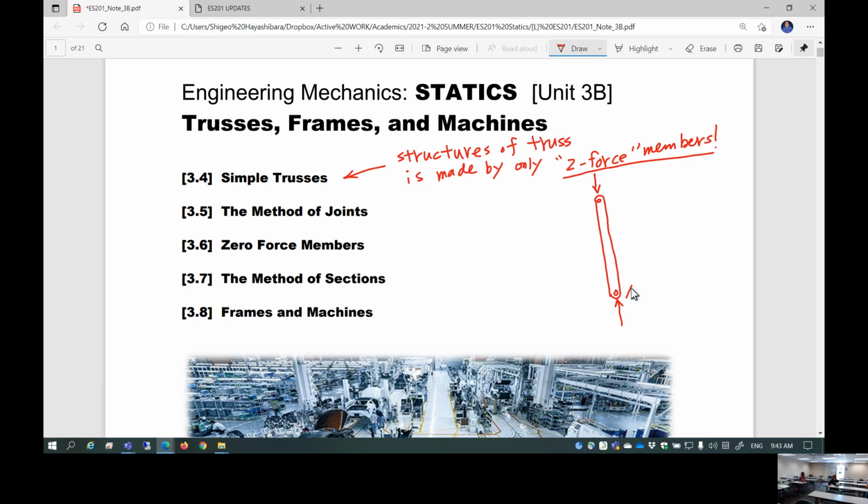Suppose this is a joint A, this is a joint B. Force of A is equal to negative force of B. By the way, if the force is applied like this, is this tensile or compressive? This is compressive.